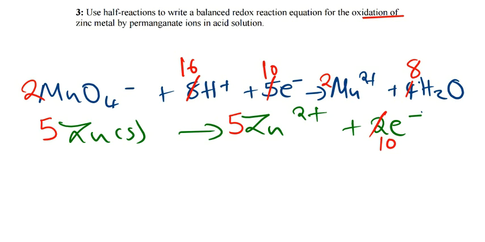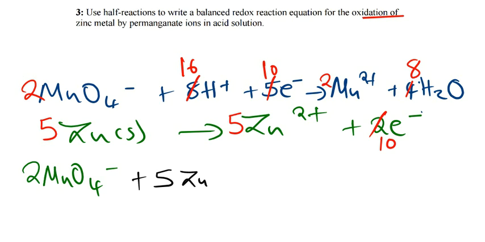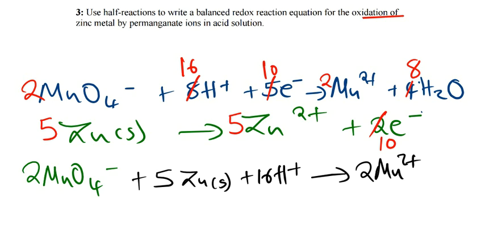So you have 2 permanganate ions, plus 5 zinc solid, plus 16 H plus ions, giving us 2 manganese ions plus 8 water molecules plus 5 zinc ions. So we've balanced, and if you pay attention and count, you'll be able to see that we've balanced.